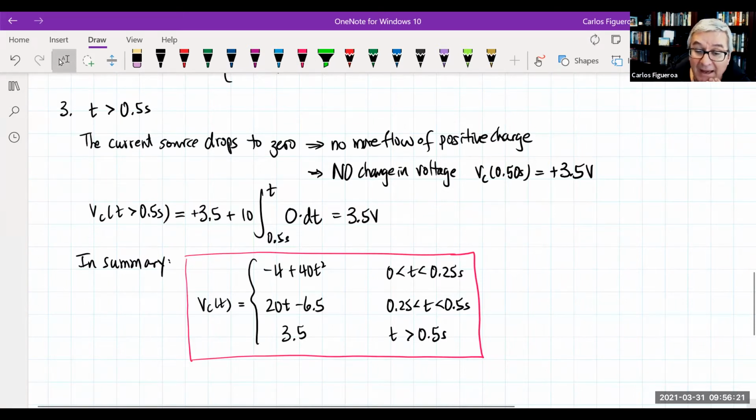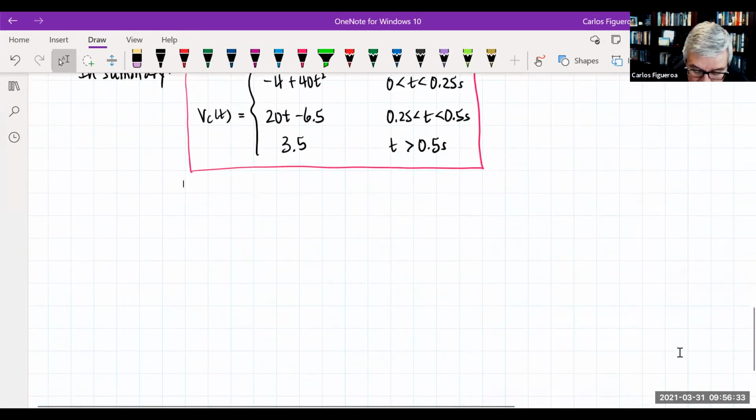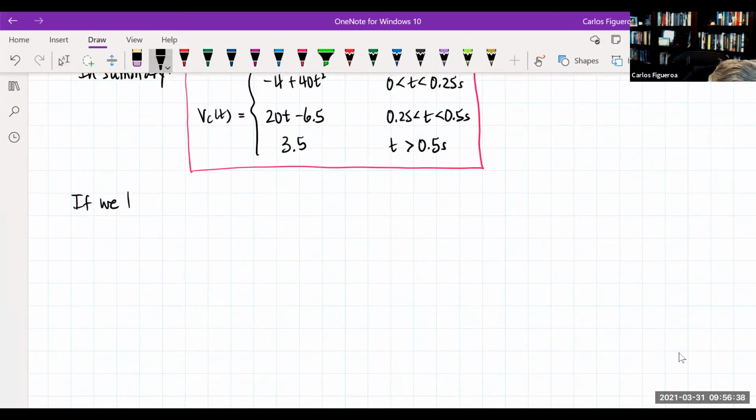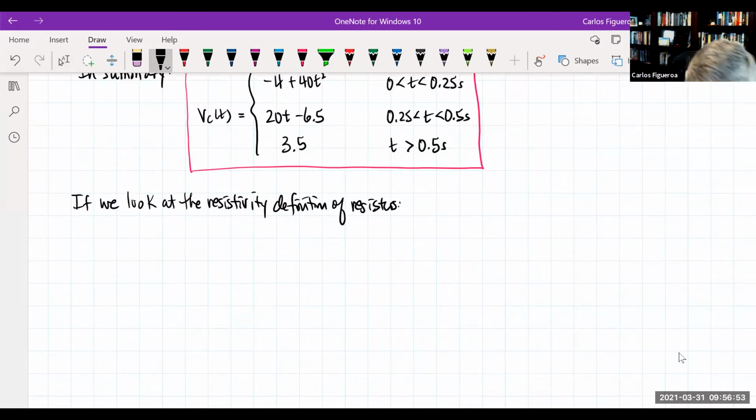So to finish off capacitors, one of the things that I should briefly talk about is that I want to remind you what we said about resistors. If we look at the resistivity definition of resistors, and when I say resistivity, I mean something very specific.